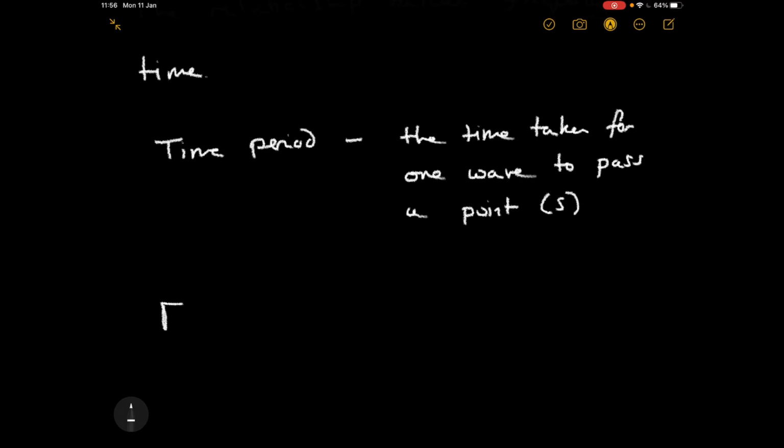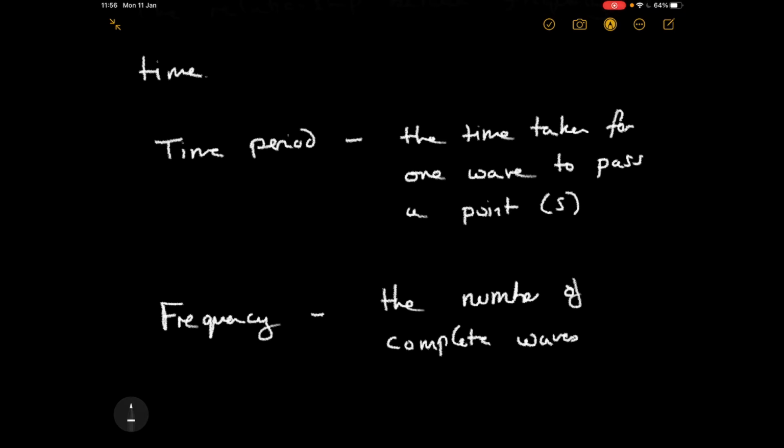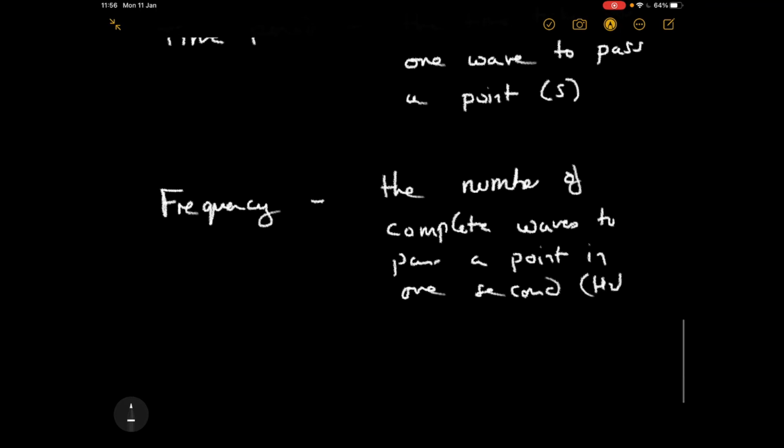The frequency is the number of complete waves to pass a point in 1 second, measured in hertz.